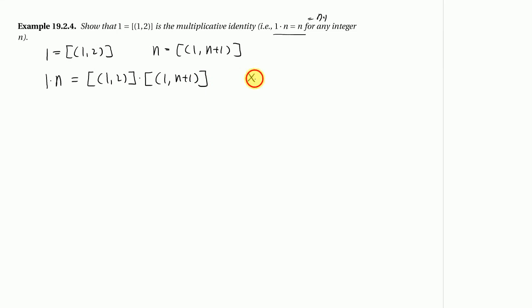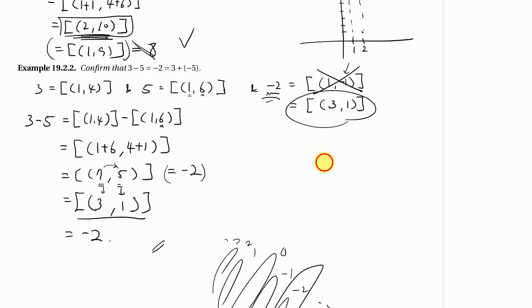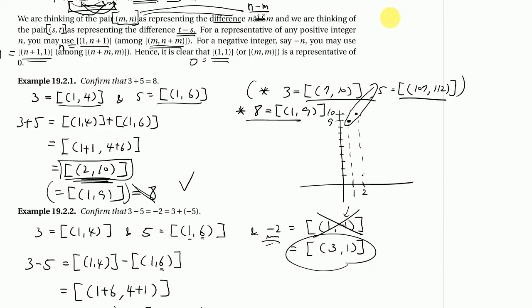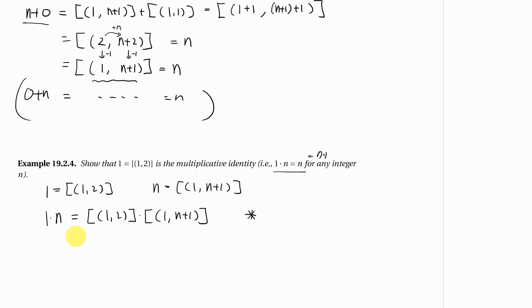Then what was the rule for product? We multiply the outside ones and the middle ones, and add them to make the x coordinate. And the next one is coordinate-wise multiplication and adding them for the y coordinate, right? So here, the x coordinate is the outside one, so 1 times n plus 1, plus the inside, so 2 times 1.